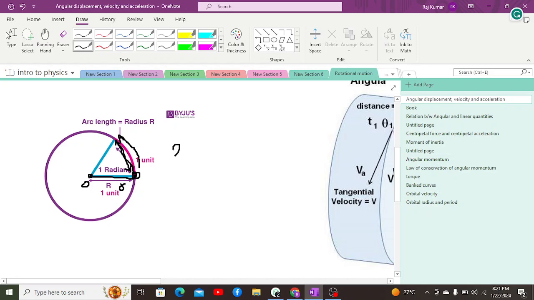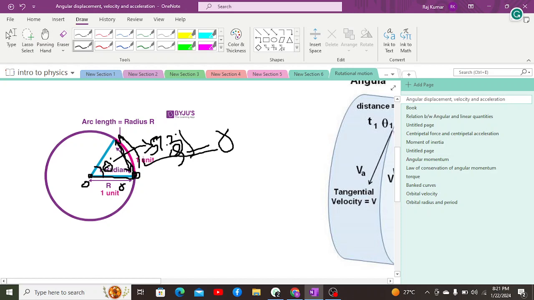At that moment, we say that S is equal to R, due to which an angle is formed between S and R, which is known as theta, and that angle is equal to 57.3 degree.